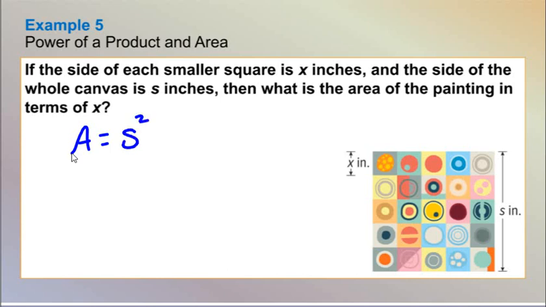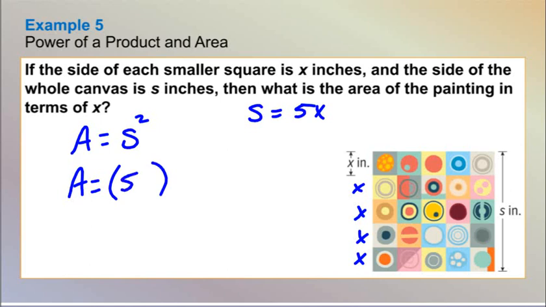Now if one side is made up of x's for each little square, I have 5 of those. So s is the same as 5x. So now if I simplify this, for s, I would put 5x here, and then I would square all those sides. I would get an area of 25 x squared square inches.